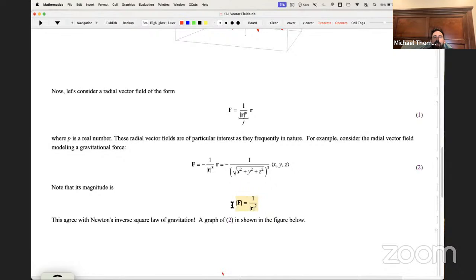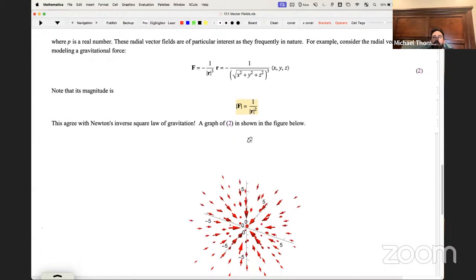This actually agrees with Newton's inverse square law of gravitation. So in other words, we're talking about the gravitational forces between 2 point objects. For example, me and the Earth, right?